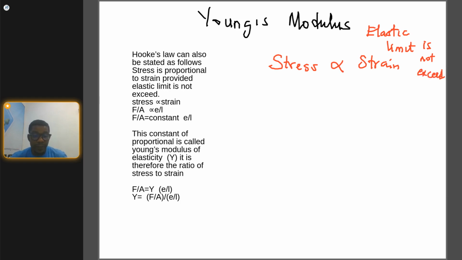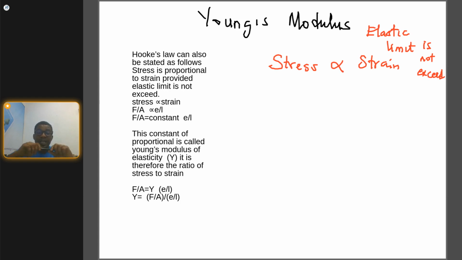Now, also we can express Hooke's law that we did in the last class, like what we have on the board now: stress is directly proportional to strain, provided that the elastic limit is not exceeded.